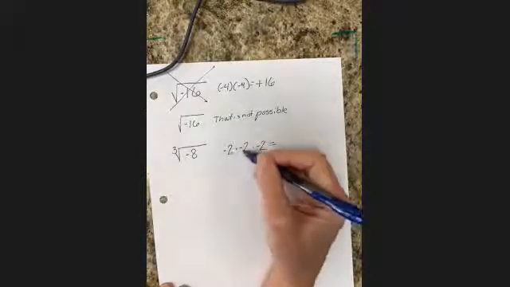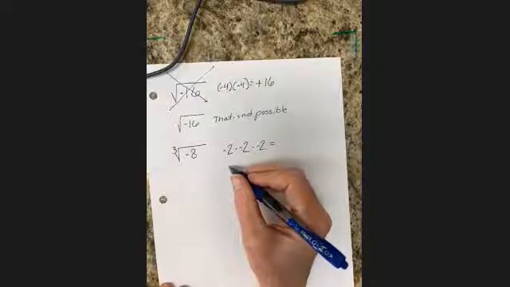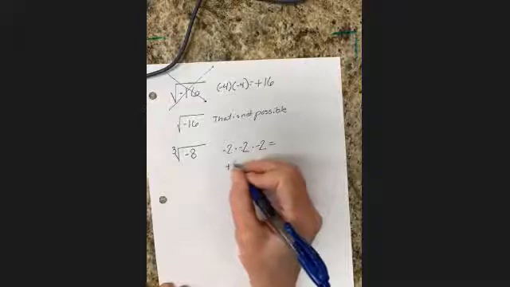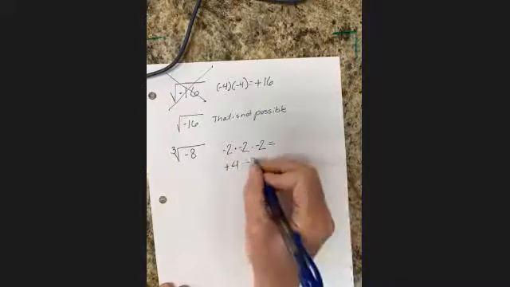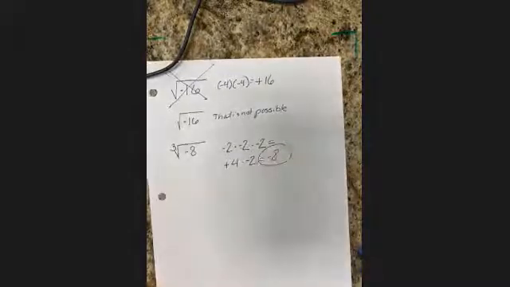Okay, so what's -2 times -2? Who can tell me that? +4. +4. So we have +4 times -2 is -8. Nice. So can we have the cubed root of a negative number?